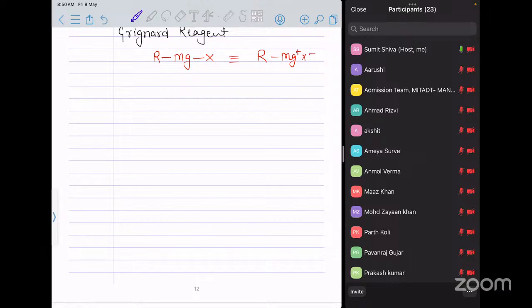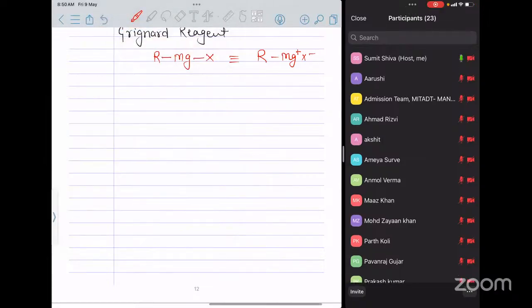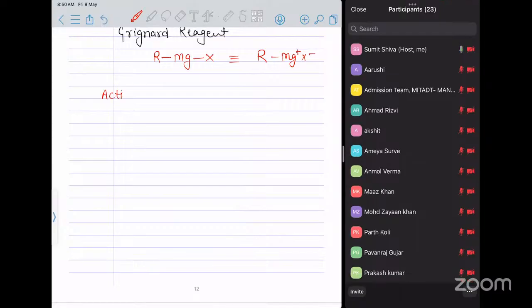How will it react? Grignard reagent will show reaction only with those compounds which have active H. So the main target of Grignard reagent is to find active H. Active H means active hydrogen.